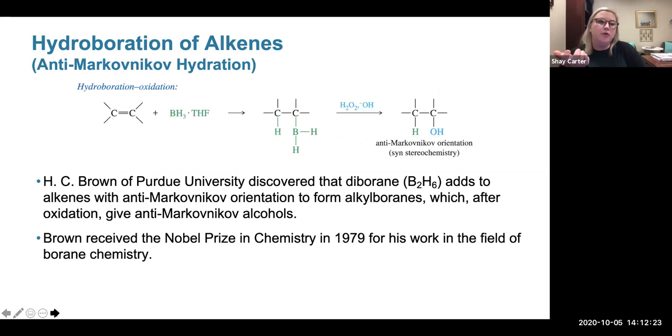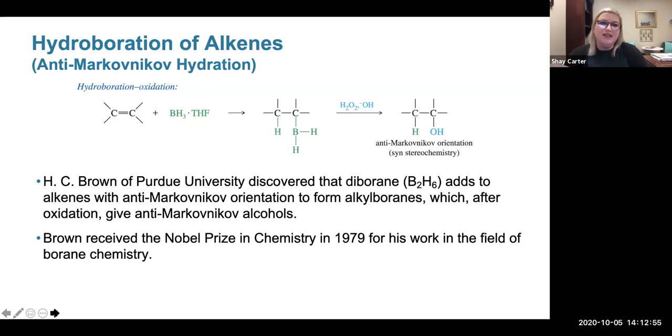Okay, hydroboration oxidation. H.C. Brown of Purdue University discovered that diborane, which is B2H6, adds to alkenes with an anti-Markovnikov orientation to form alkyl boranes, which after oxidation give us anti-Markovnikov alcohols, okay?